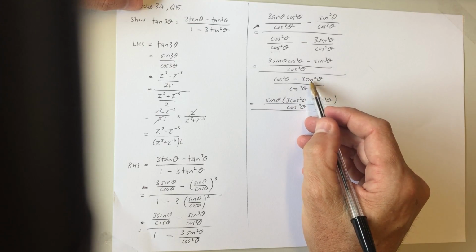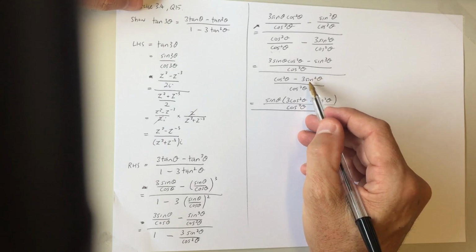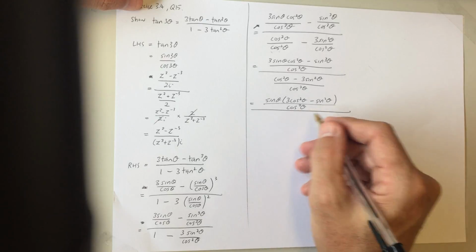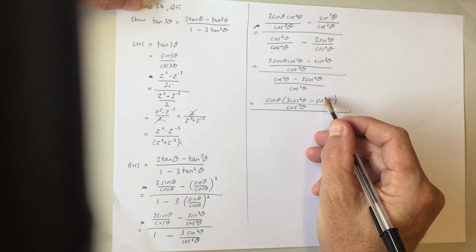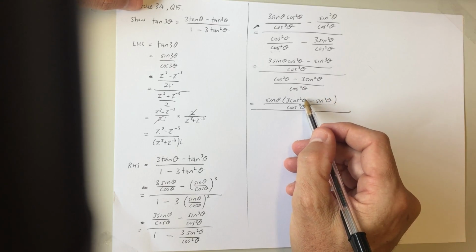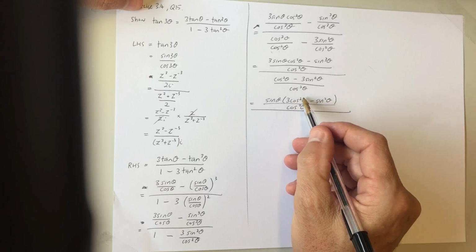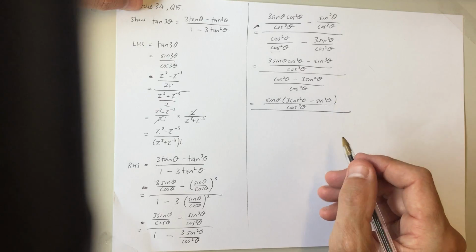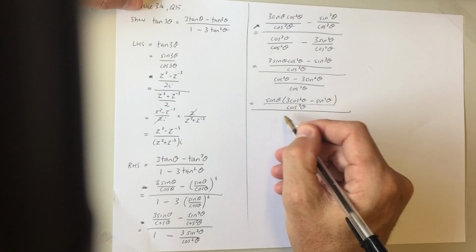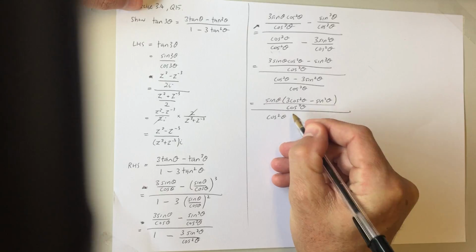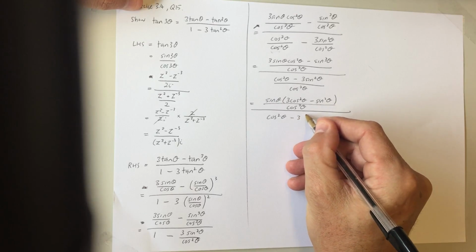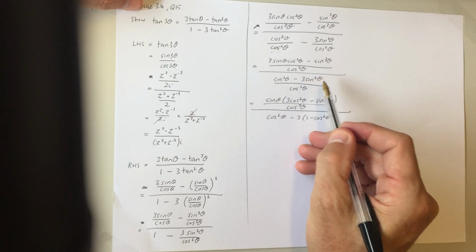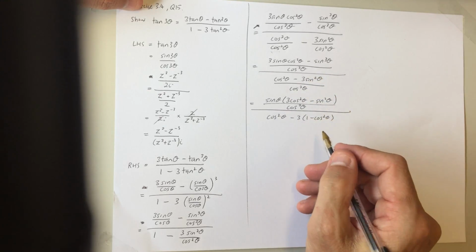We can substitute in for sine squared theta, we can substitute in 1 minus cos squared theta, so then we might be able to do some simplifying, so we'll do that. And we'll be able to do that here as well. Substitute in either for cos squared theta or sine squared theta, that should help reduce the amount of work that you have to do. So I've just substituted in 1 minus cos squared theta there.